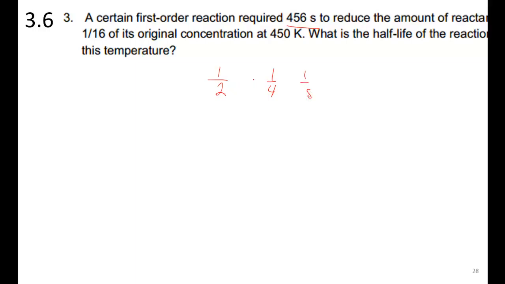Then an eighth. Then a 16th. I started with 1, so that's 1, 2, 3, 4 half-lives. So if I have a total time of 456 seconds and I have 4 half-lives, each half-life is going to be 114 seconds.